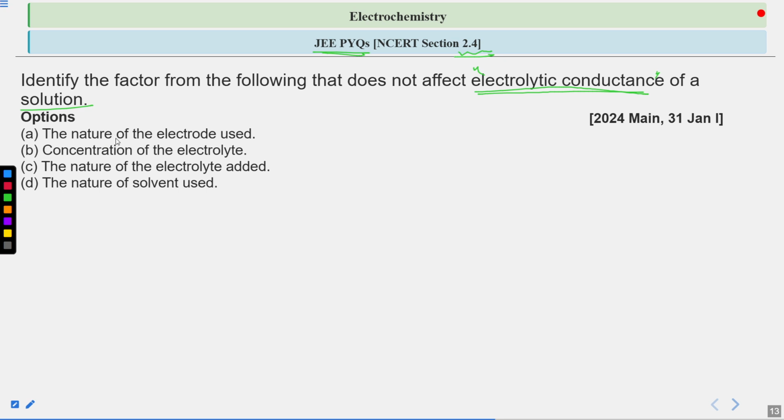The options provided are nature of the electrode used, concentration of the electrolyte, the nature of the electrolyte which is added, or the nature of the solvent used. So you got some time, try to solve it and go to the concept of electrolytic conductance for a solution. After this we will see the correct answer.